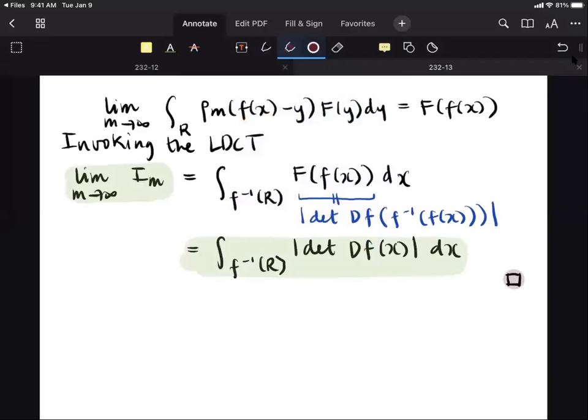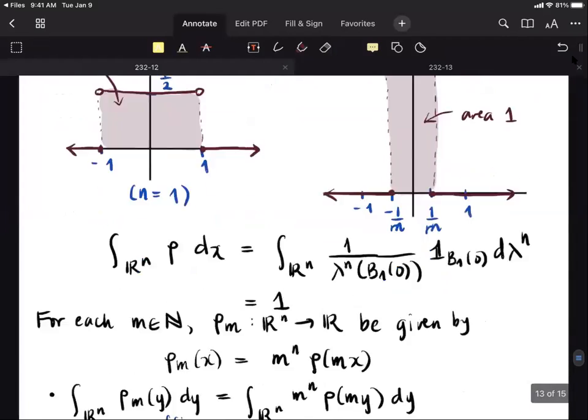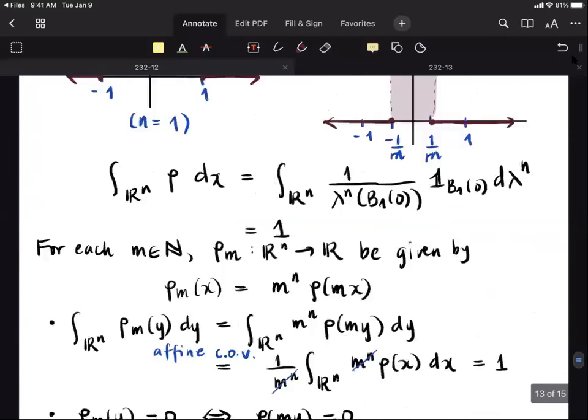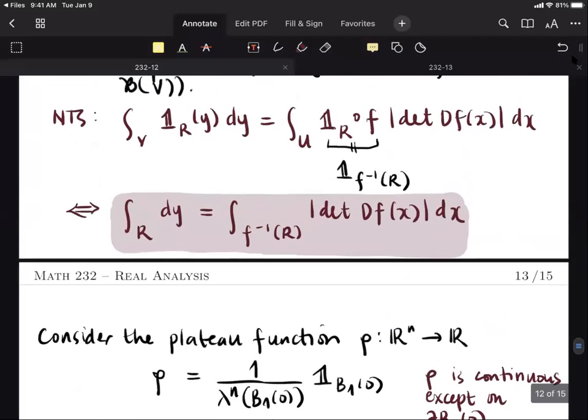More precisely, going back to the previous discussions, this highlighted part here.